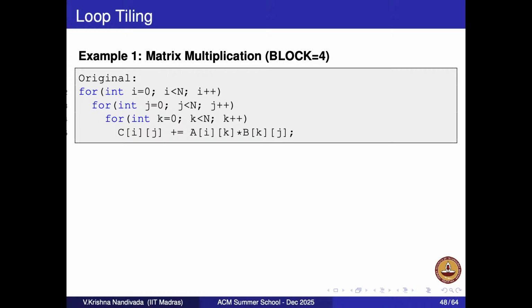Look at it this way. The first element, when it was brought to cache, how many elements would have been brought in before its reuse? I don't care, from memory to cache.